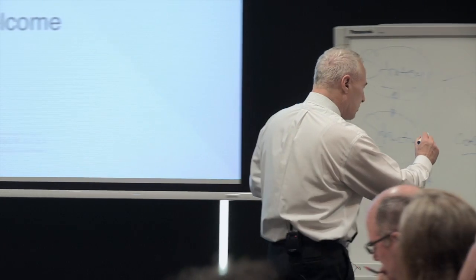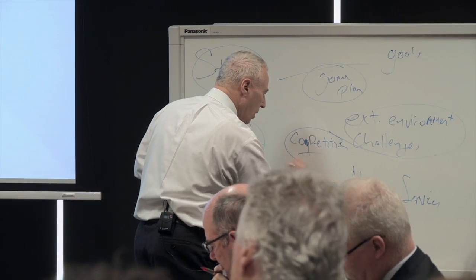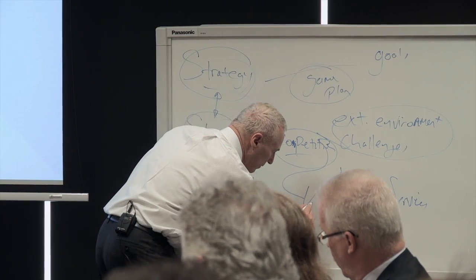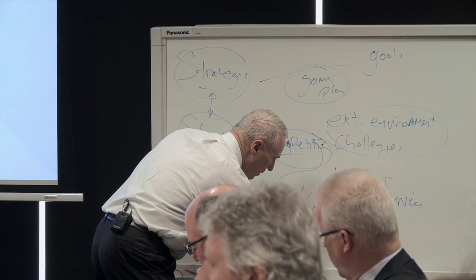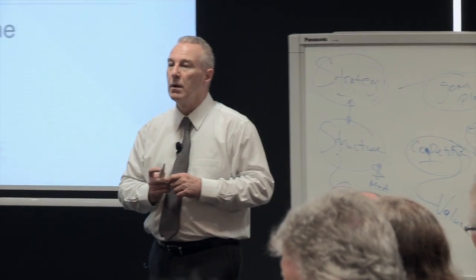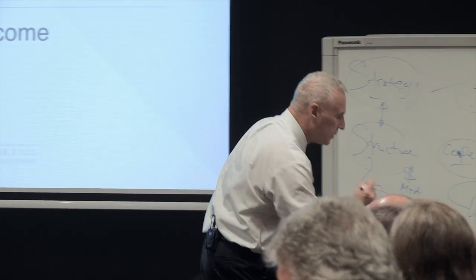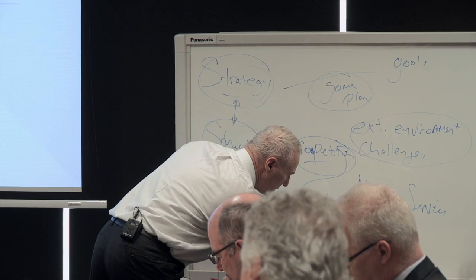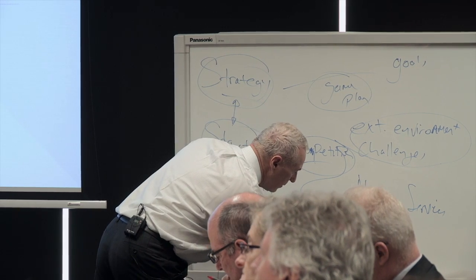So if we put that into a modern context and modern language, we would say that competition today is very much about value. Whose value? Customer value. And what is customer value premised upon?